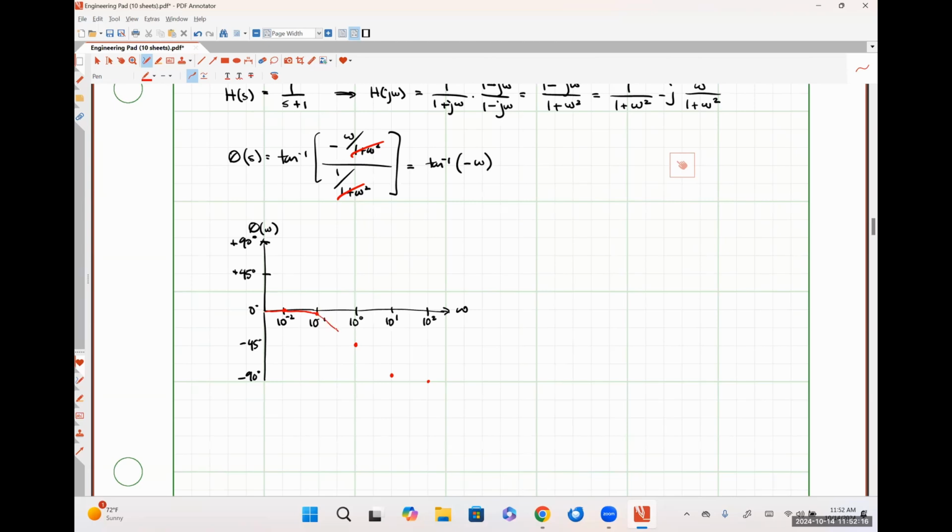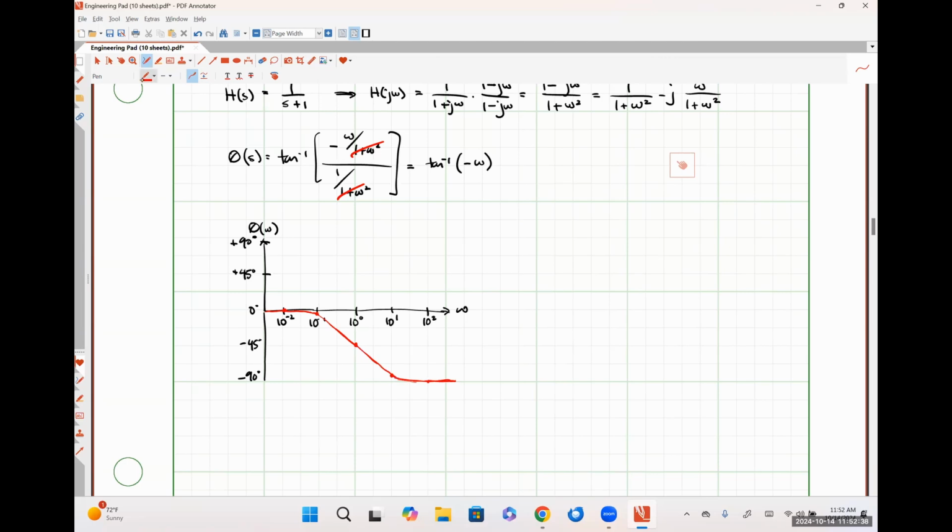It's going to pass through negative 45 degrees at exactly our pole frequency. And then it's going to come out and start turning about a decade after our pole frequency. And then it'll settle to minus 90 degrees.